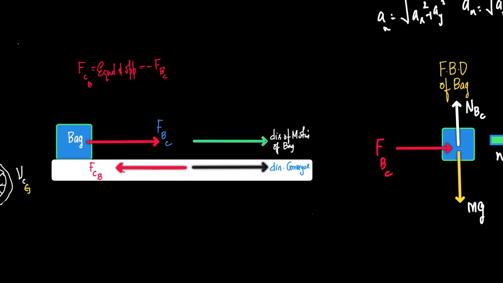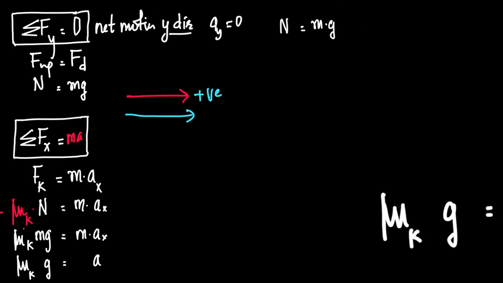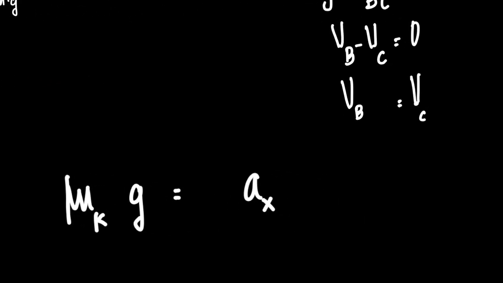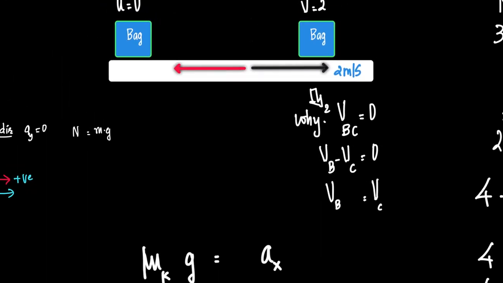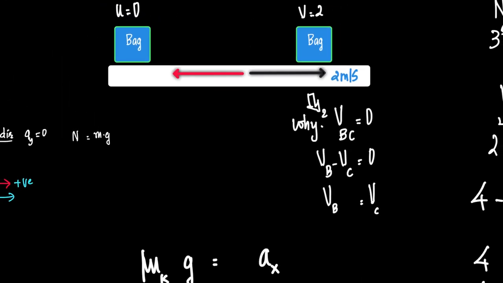Sorry for the lag here. So when it is stopping on the belt, it means that the bag has acquired the same velocity as that of the conveyor belt, which is 2 meters per second. So it essentially means that the relative motion is now stopped. It has stopped due to friction, right?